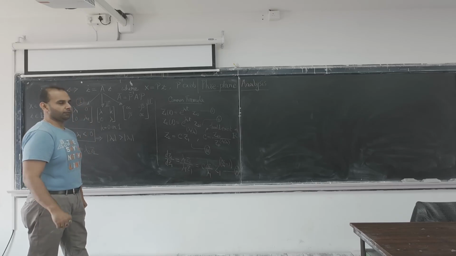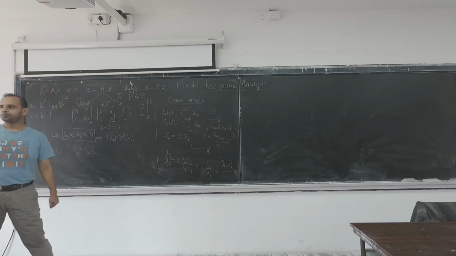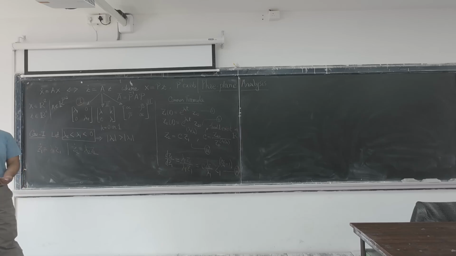If you have even 1% doubt, please feel free to ask. At this moment, we are learning the case of real distinct eigenvalues and they are negative, okay? Because if we can draw that pattern, then we can even consider the unstable case.